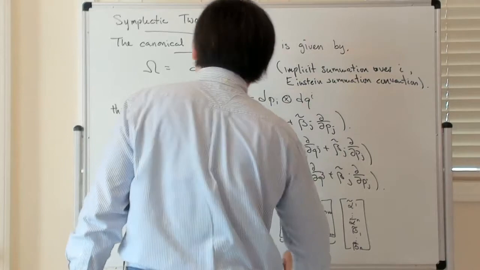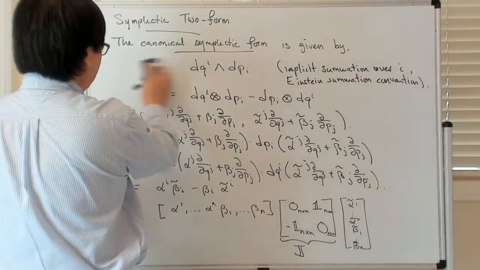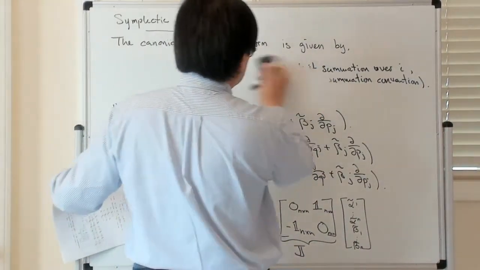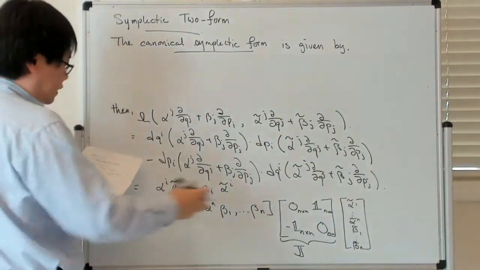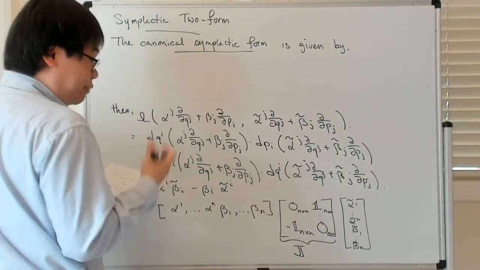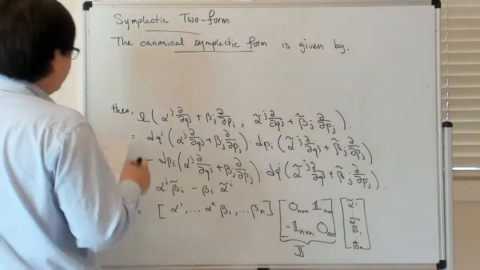All right. So when you do that, then the following happens. What basically happens then is that the symplectic matrix J is a representation of the symplectic form in the following sense.